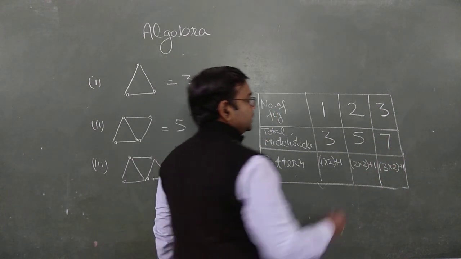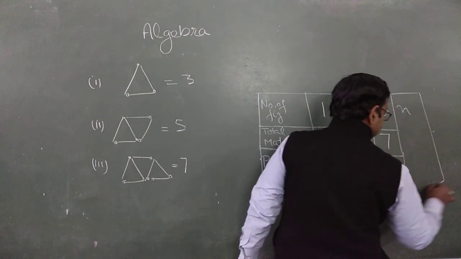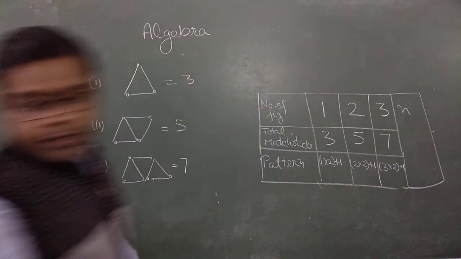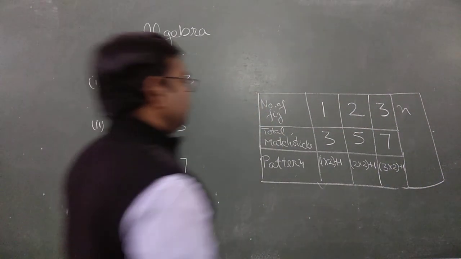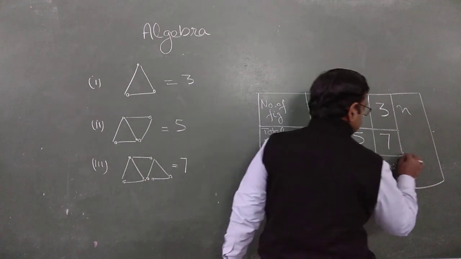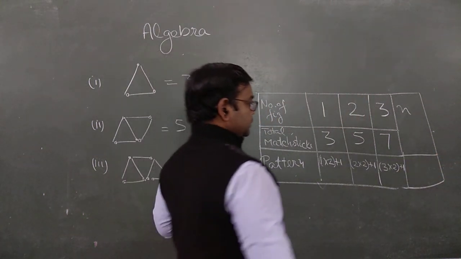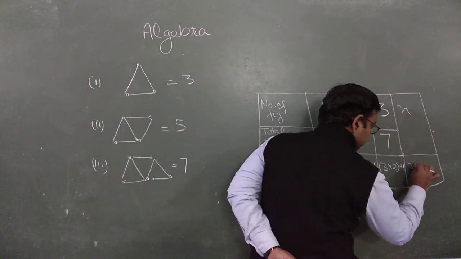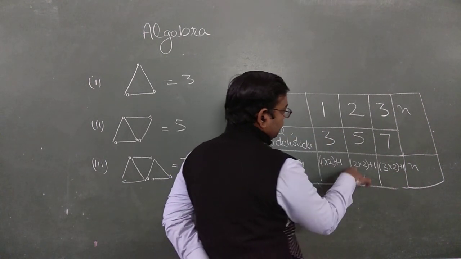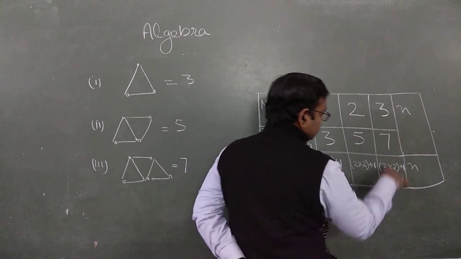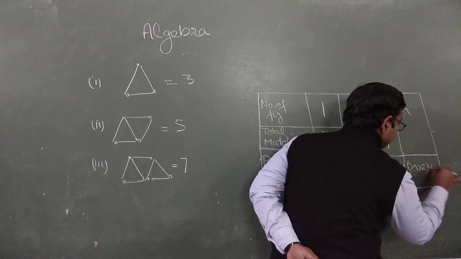So if there is an n number of figures, how can you find the total number of matchsticks? By using the general term. It's n, because we are observing that the number of figures is the variable one. n into 2, use brackets, plus 1.